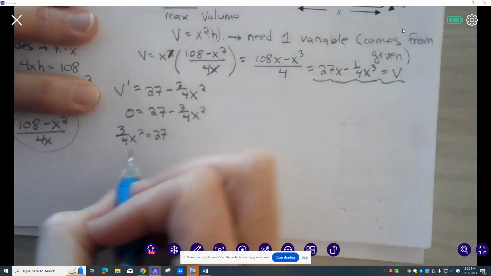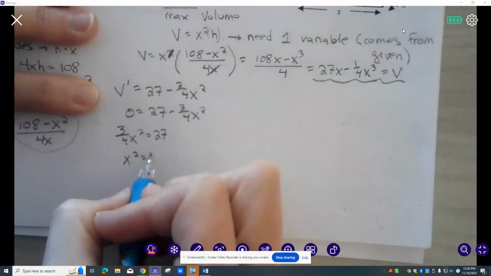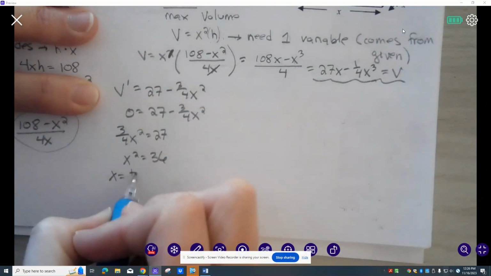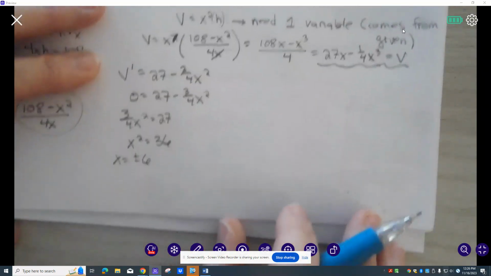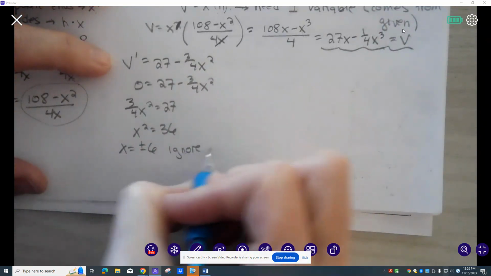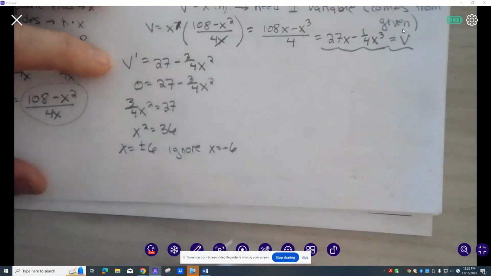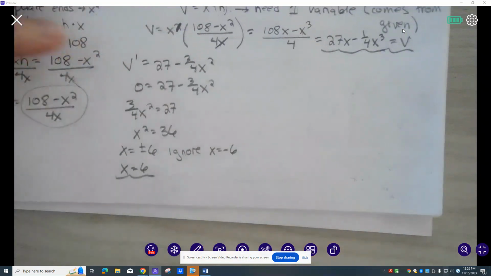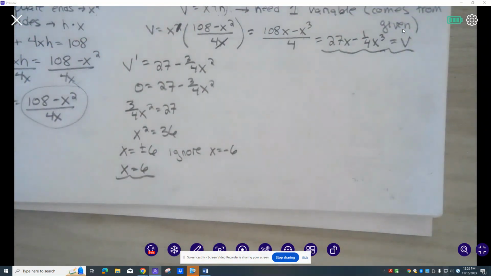So 3/4 x squared equals 27. Divide both sides by 3/4 and you get x squared equals 36, so x equals plus or minus 6. X is a dimension, so we ignore the negative and say x equals 6 is our critical point. Now we have to figure out if we have a max or a min at 6.